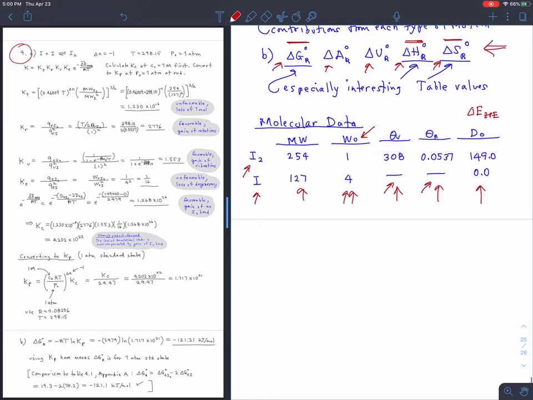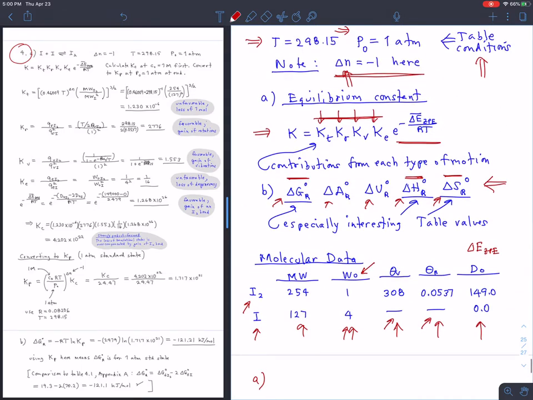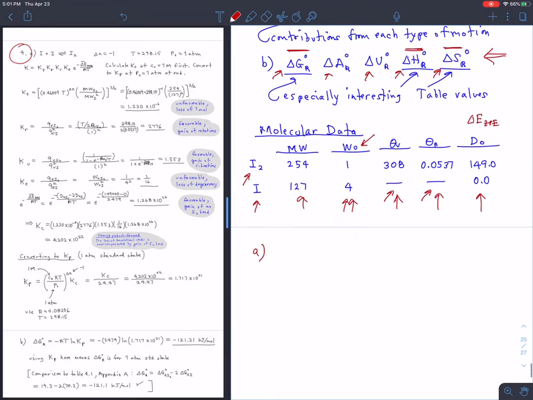All right. So the first part of the question, part A, is to calculate all the factors in the equilibrium constant. For the translational equilibrium constant, we have a nice formula, 0.46009 T to the delta N power times basically molecular weights, but for each of the contributions in turn.